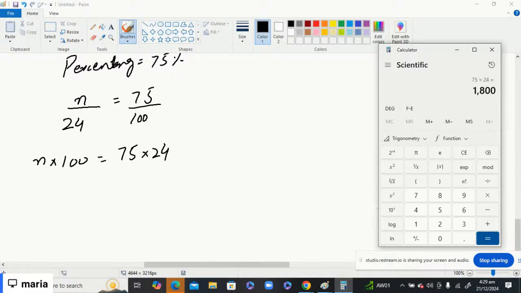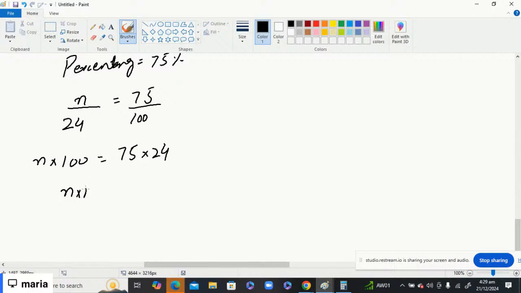When you multiply 75 with 24, you get the answer 1800. So n equals 1800 over 100. That is 18. Okay, now let's do the test questions.